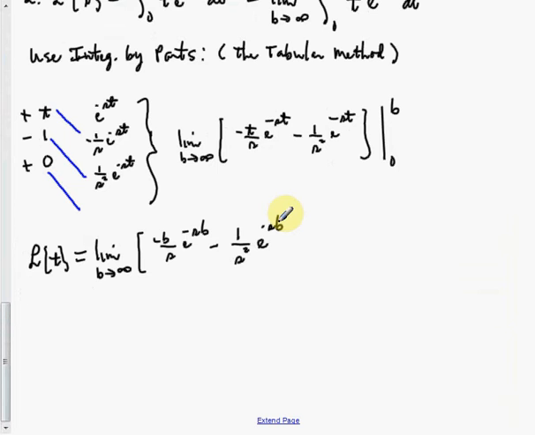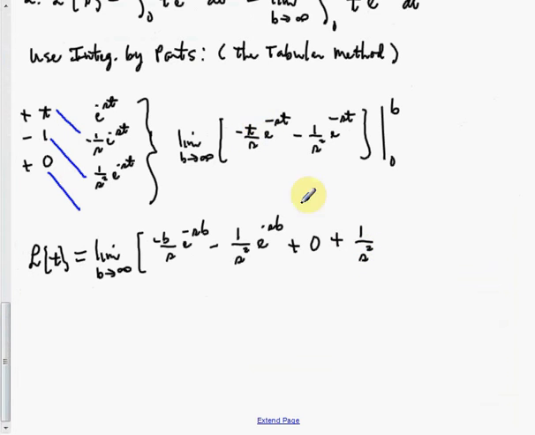Now we evaluate the t at 0, so this becomes minus, that's plus 0, minus this minus becomes plus, and this is 1 over s squared.